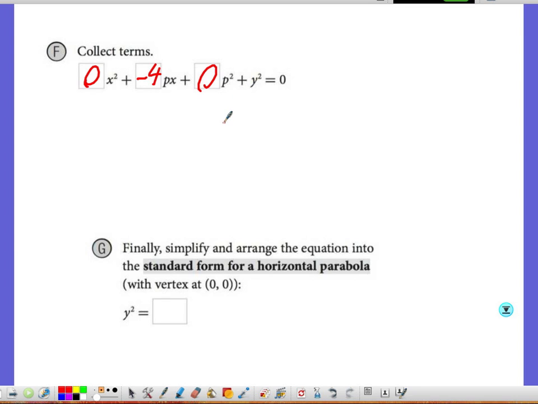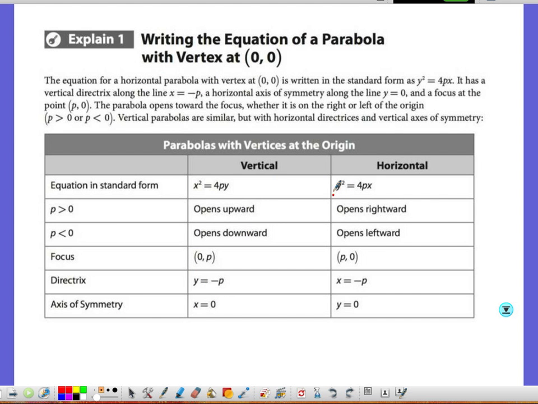And so when we go ahead and solve for y squared, we get that y squared is equal to 4px. Alright, which is the equation that we have here. This is the equation of a vertical parabola, and here's the equation for a horizontal parabola.